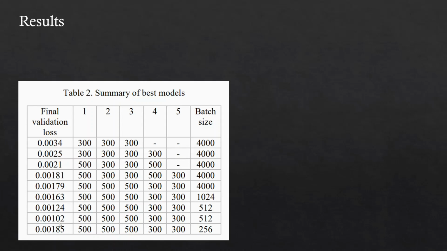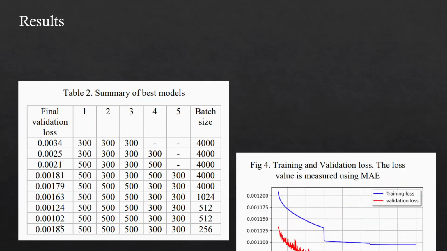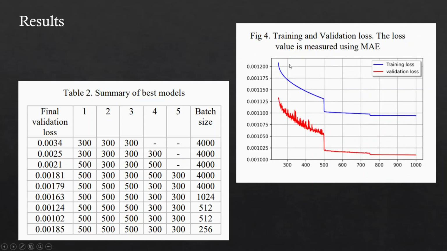And regarding the loss function, I used mean absolute error. I tested mean square error, and I saw that the performance of the model trained with mean absolute error was much better. Here we can see the training and validation loss.